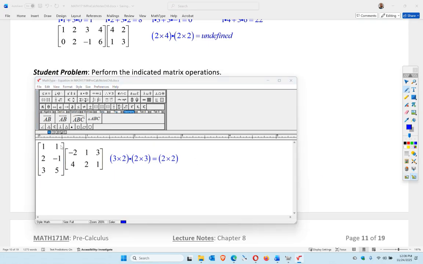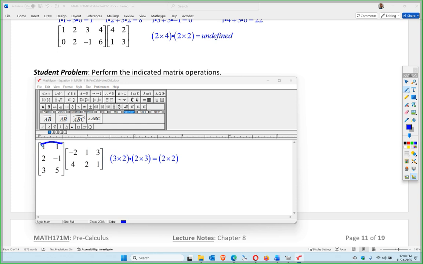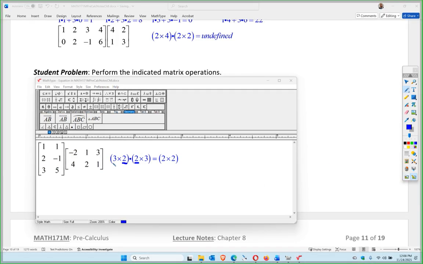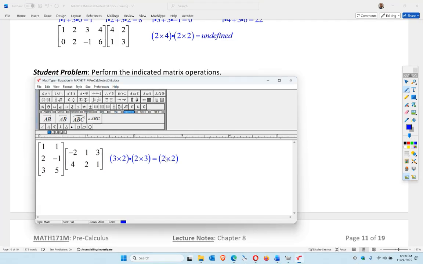This one is 3 rows, right? 3 rows, 2 columns, right? This is 2 rows and 3 columns, right? That's what this one is. So that works, because again, the inner ones match, right? The inner ones match, that's possible. And the answer is a 3 by 3. 3 by 3 is the answer.